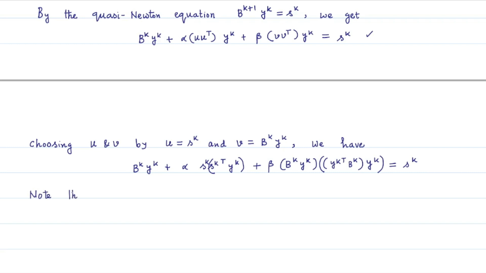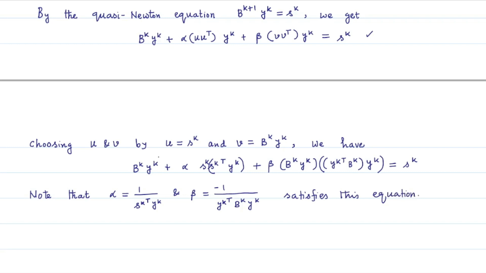So we note here that the value of alpha is equal to 1 over sk transpose yk and beta is equal to 1 over yk transpose bk yk, the negative of this quantity, satisfies this equation. So cumulatively alpha is equal to this, beta is equal to this expression, u is equal to sk and v is equal to bk into yk satisfies this equation.